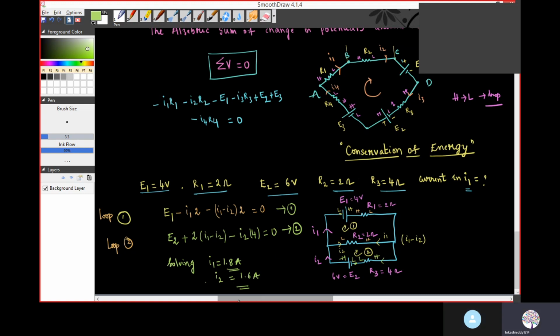I'll just do one more problem. Now there is a circuit here. This is 10 volt, this is 2 ohm, and here you have 5 volt, and this is 3 ohm.